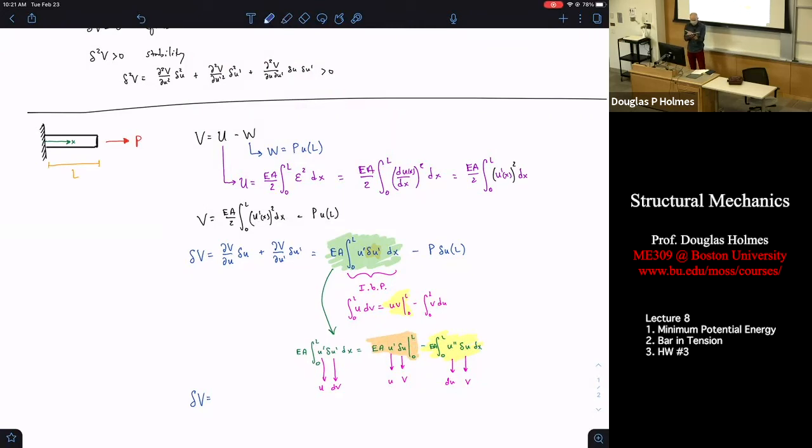So the first variation of our total potential energy is equal to EA times u prime. I'm going to run out of space here. Let me pull this down.